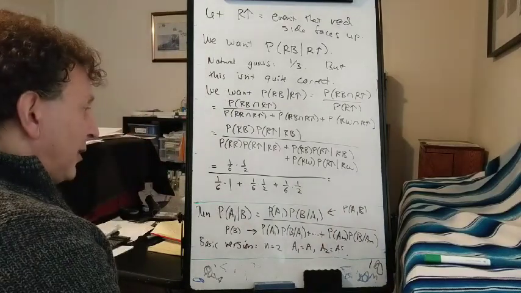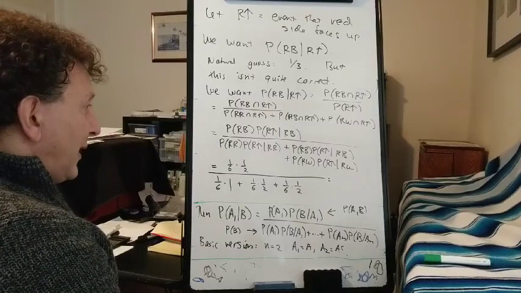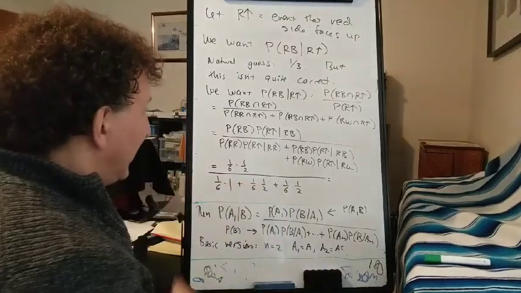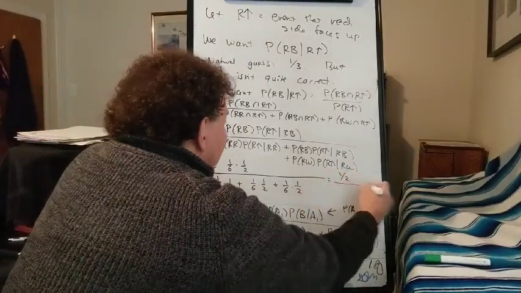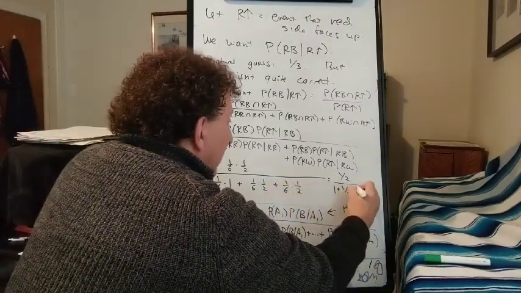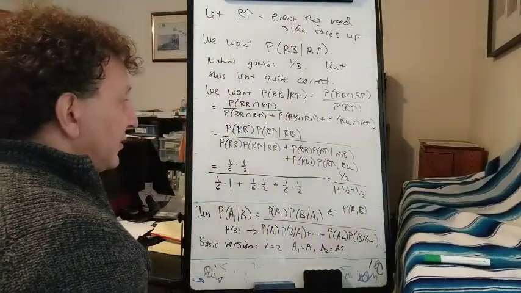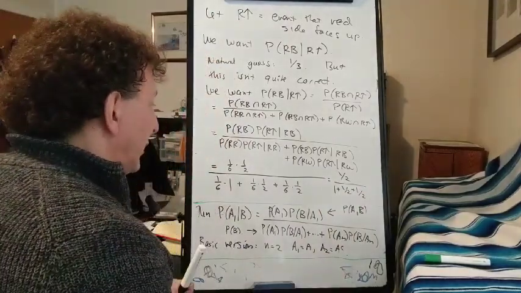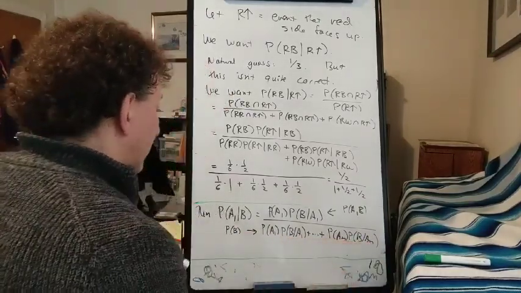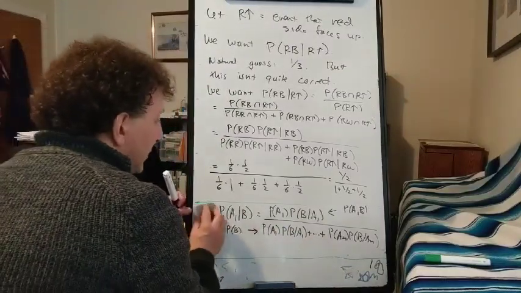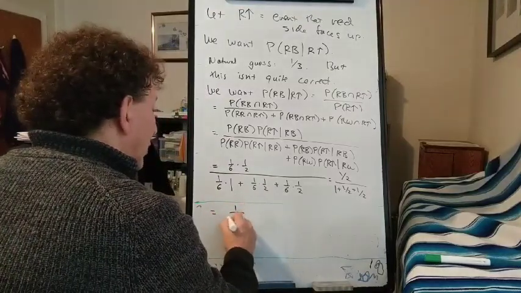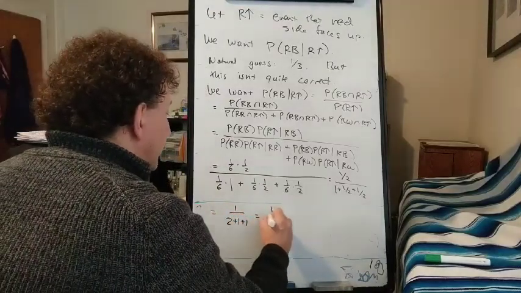So before I multiply this out, I could divide the numerator and denominator by 1/6, because we've got 1/6 in every single term here. So this is 1/2 divided by 1 plus 1/2 plus 1/2, which is, if we multiply everything by 2, I can get rid of the formula now, 1 over 2 plus 1 plus 1, which is 1/4.